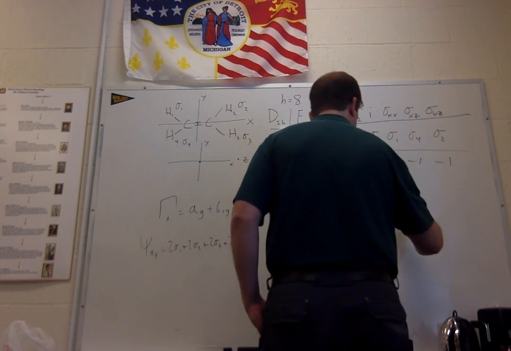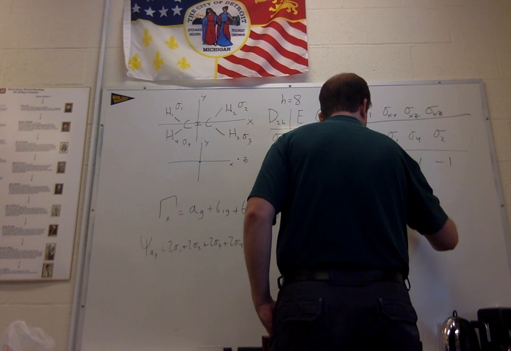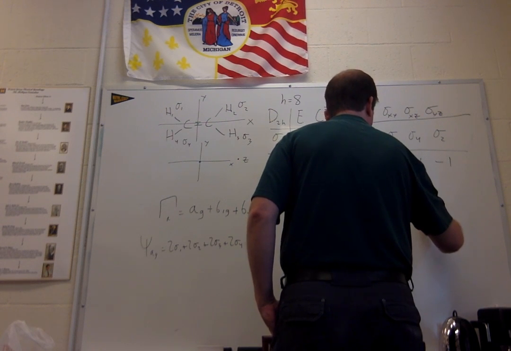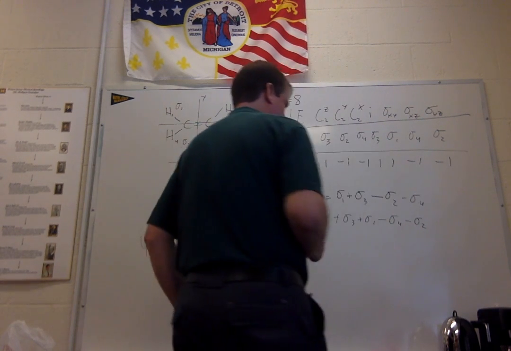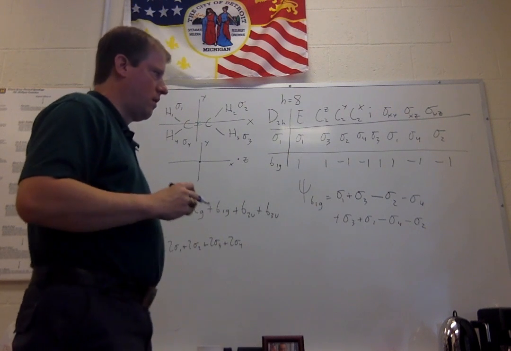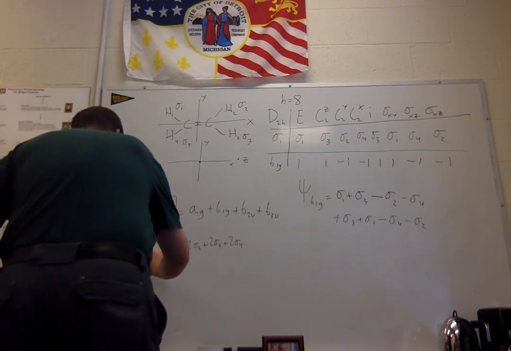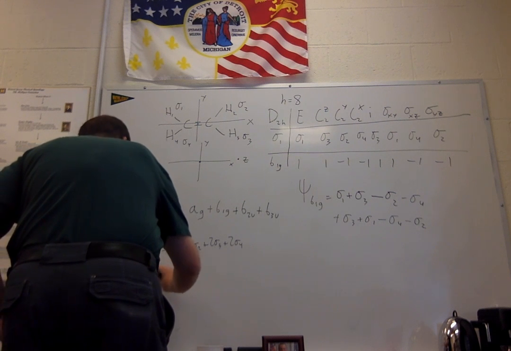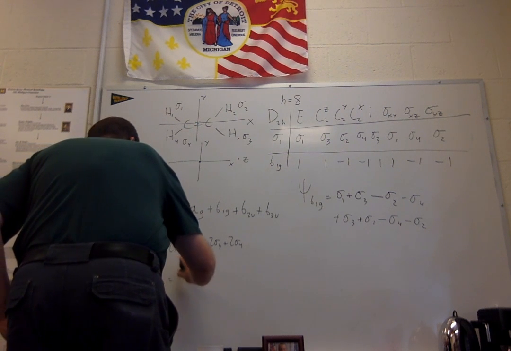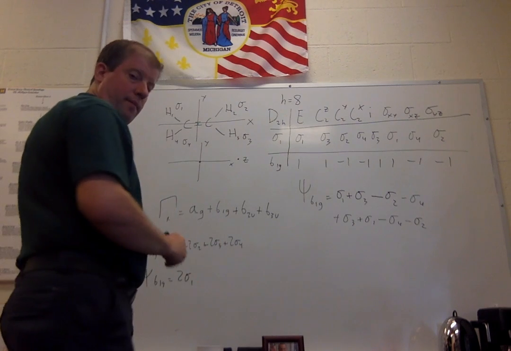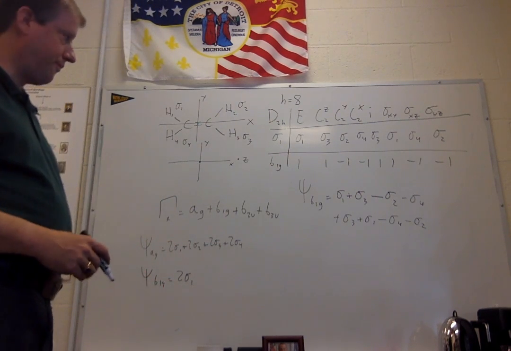Likewise over here, right, those are negative signs there. So if we sum that up over here for psi B1G, what we get is 2 sigma 1. You see that?